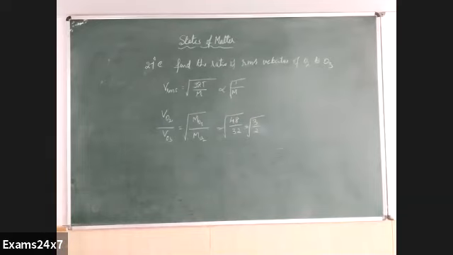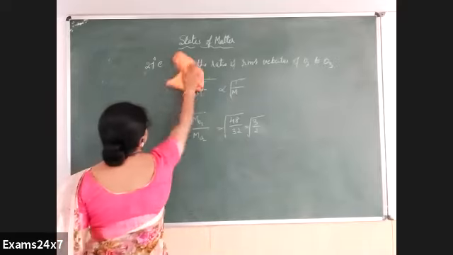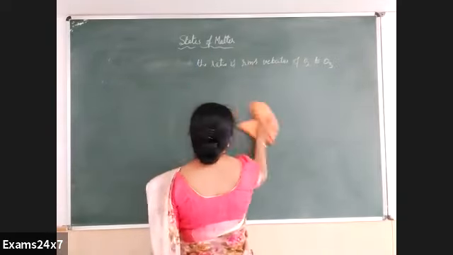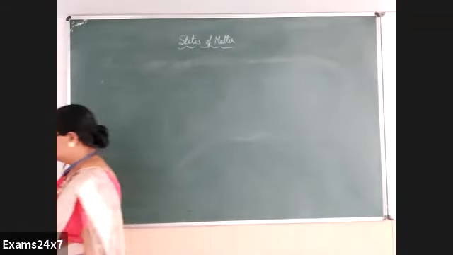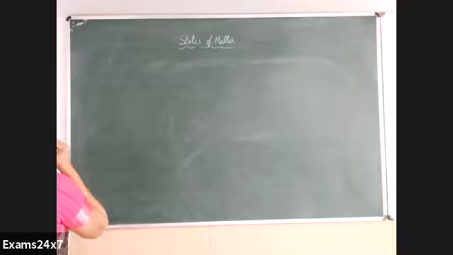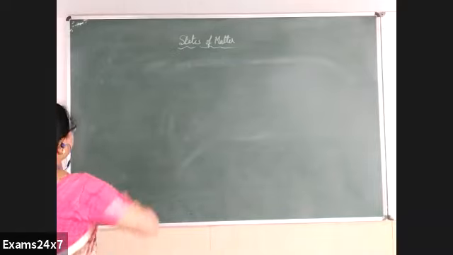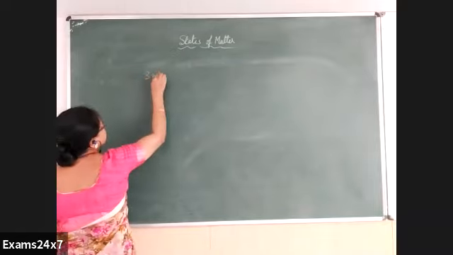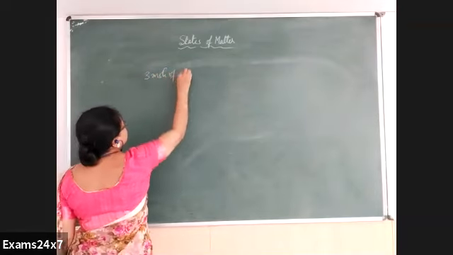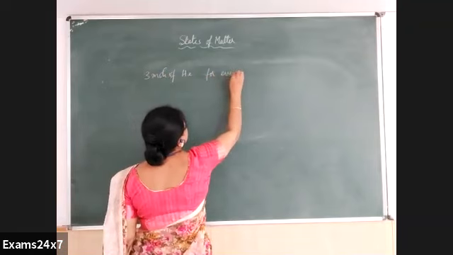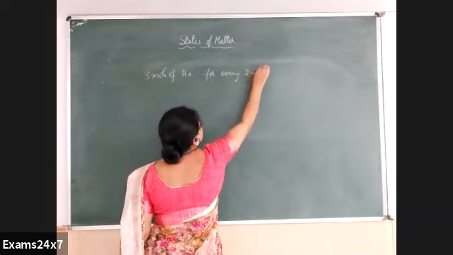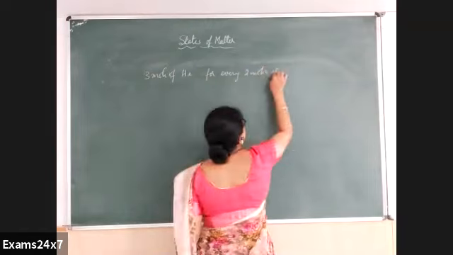Write the next question. A mixture of helium and argon contains 3 moles of helium for every 2 moles of argon.